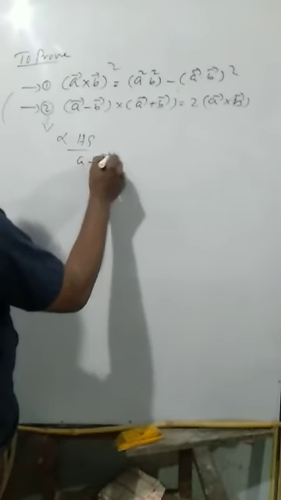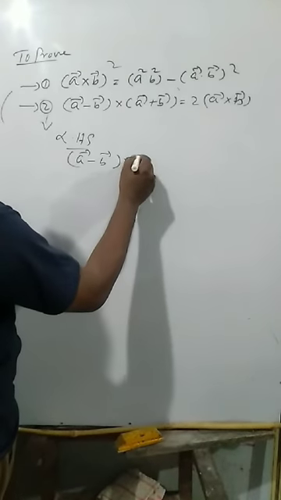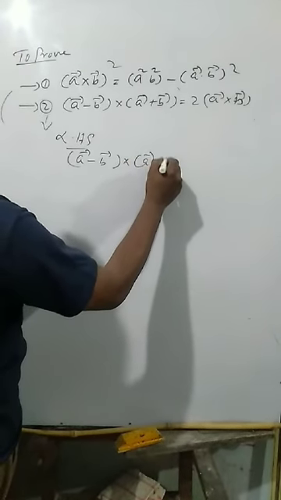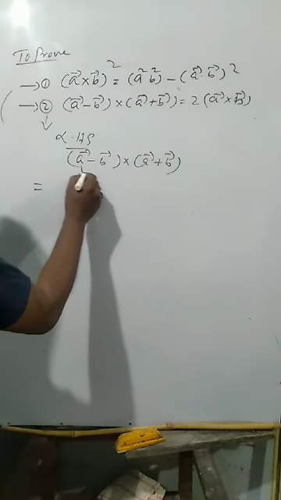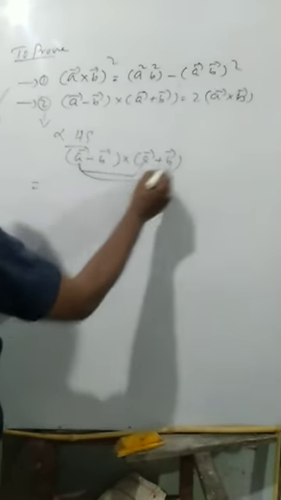A vector minus B vector cross A vector plus B vector equal to, you have to prove this. Now multiply simply this into this, this into this.